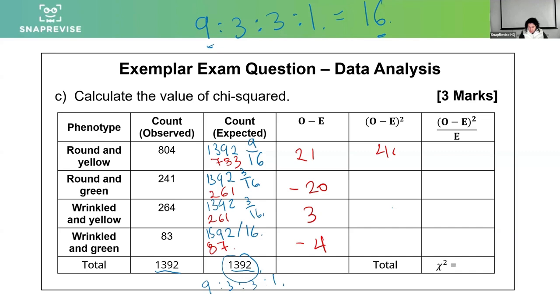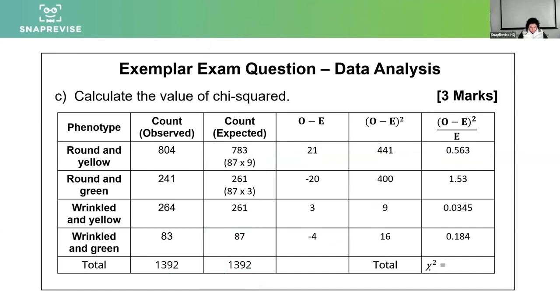I square those and divide them with the expected. These answers actually for the table, don't worry about jotting down all of those numbers. They will be sent to you. So my total chi-squared value is 2.31. Okay.